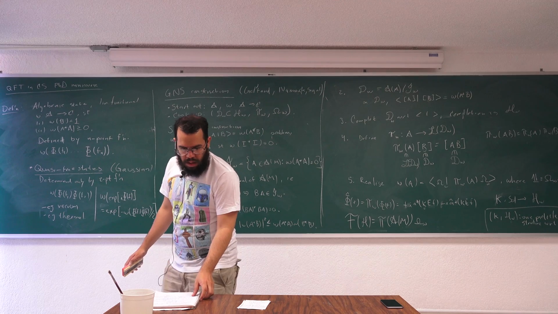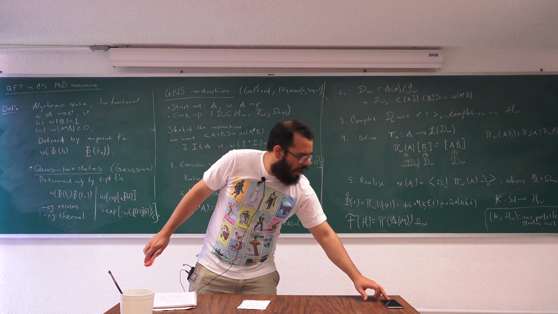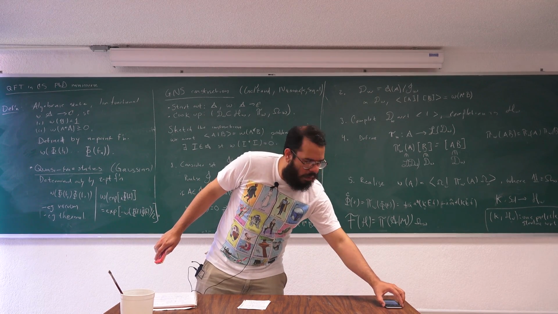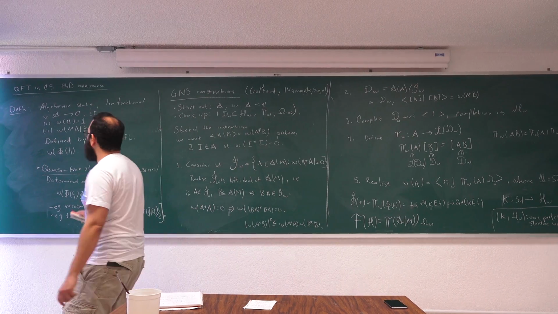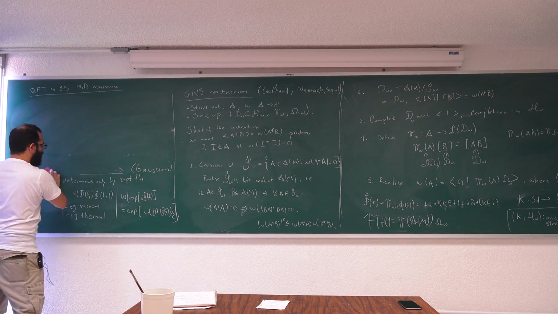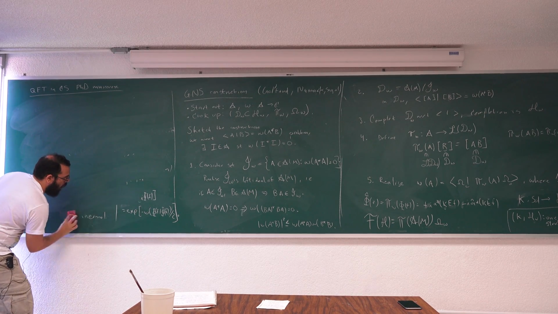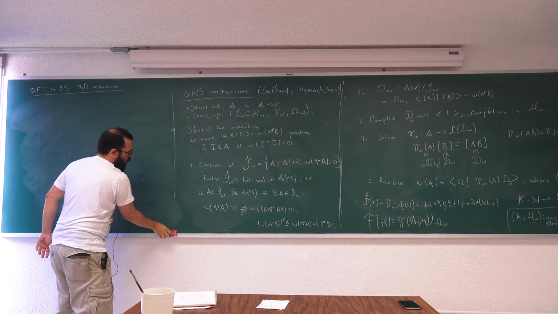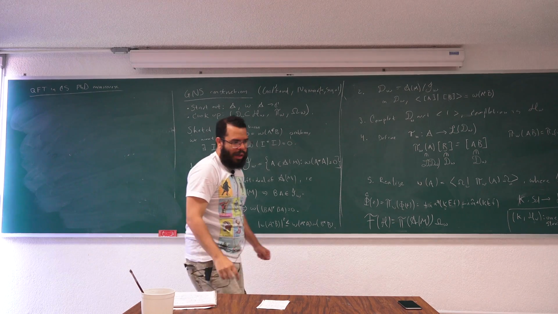Okay? And I think we should wrap it up now, because we just have 9 minutes. So let me just, in 2 minutes, tell you what we're going to do next. So next time I'm going to look at states.